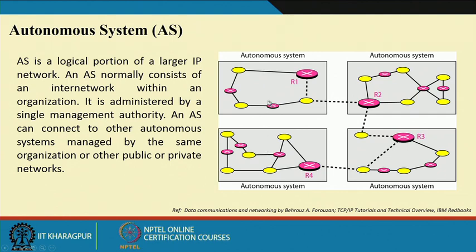These autonomous systems are individually under one organization or one administrative control. That means what sort of routing has to be done is at the total discretion of that particular organization, which may be influenced by the type of organization, the type of traffic flow, and the nature of the network they want to envisage. It has nothing to do with the other autonomous systems. Only the autonomous system looks at the information from these border routers.